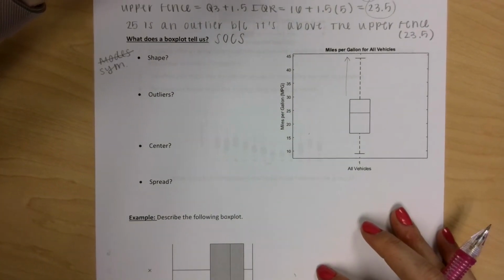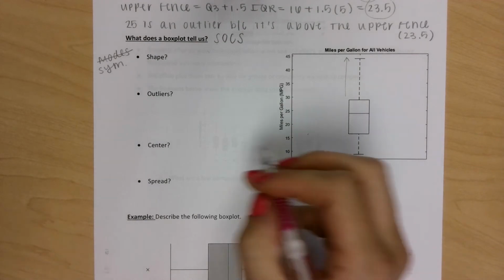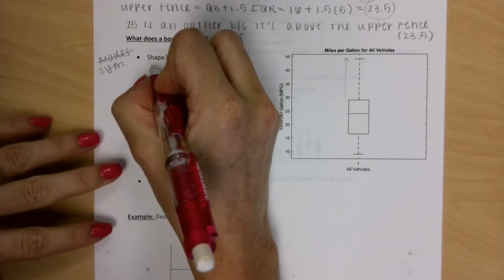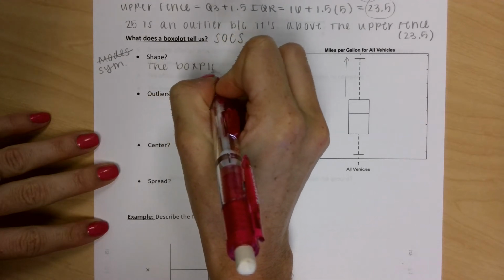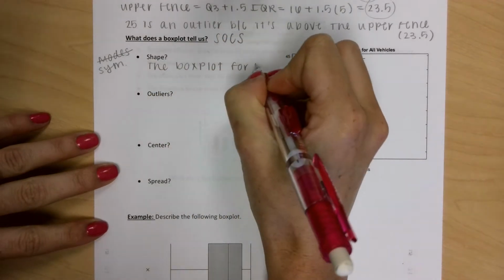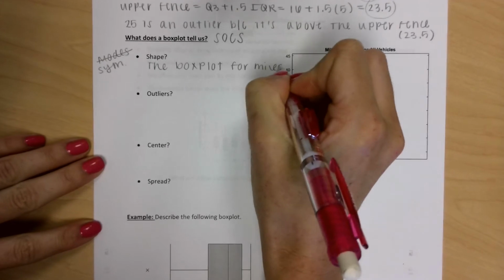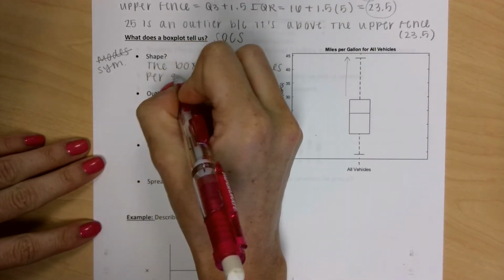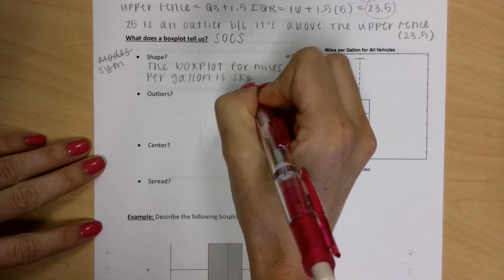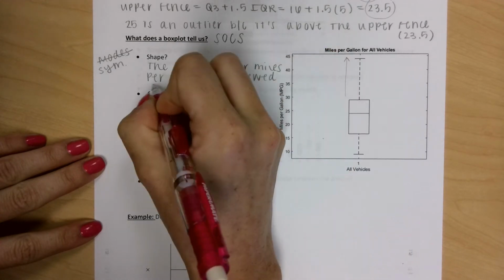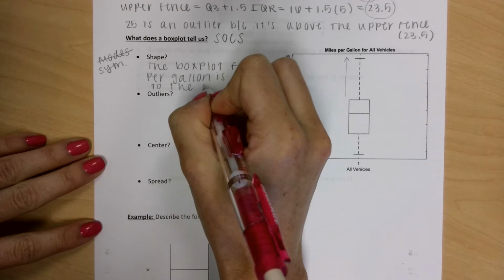So for shape, I'm going to say that the data is skewed to the right. I am going to talk about this in context, so I will say the box plot for miles per gallon is skewed to the right.